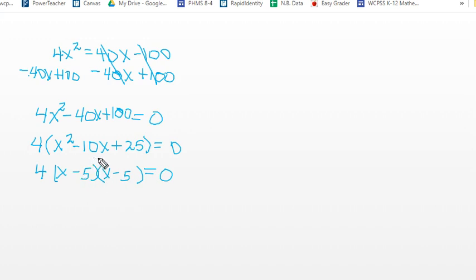And when I add them together, I get negative 10x. I'm going to set these equal to 0. And because these are the same factors, I only need to do that one time because I'm going to get the same answer. And so I'm adding 5 to both sides, and I end up with x equals 5. And so that is my solution.